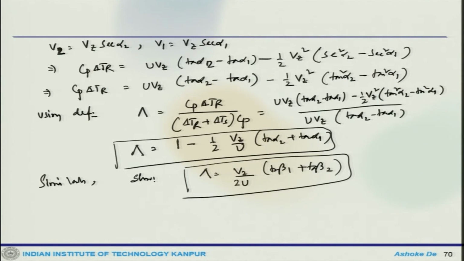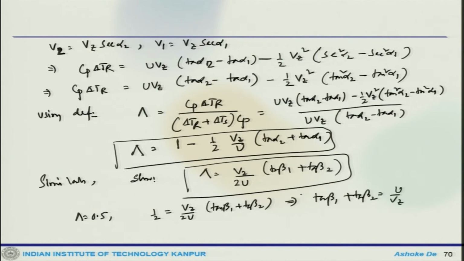If you consider a special case where, let us say, 50% enthalpy rise in rotor and 50% in the stator, then this would be 0.5. Which means half equals V z by 2 u (tan beta 1 plus tan beta 2), which gives me back tan beta 1 plus tan beta 2 is u by V z.